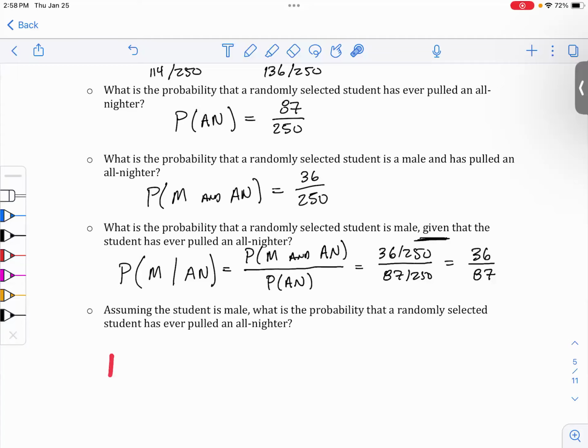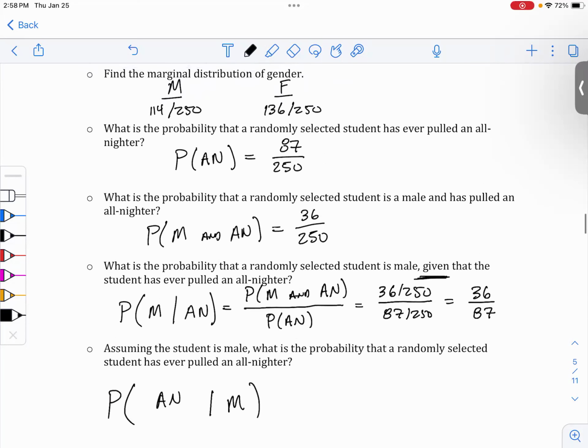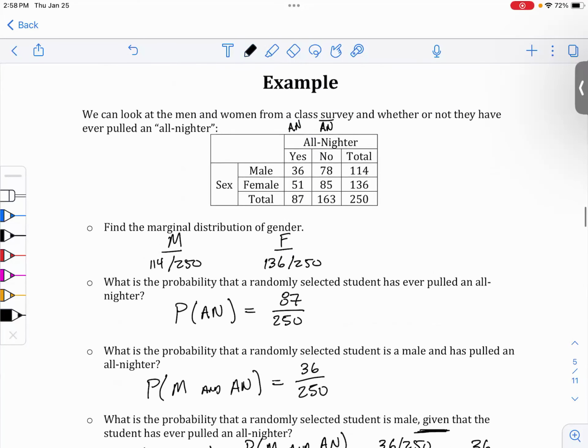So this is actually saying probability given male, all right? What's probability student pulled an all-nighter? All right, remember the given piece is always second. Now, I could use the definition, but let's go back to the table and see if we can just find it that way.